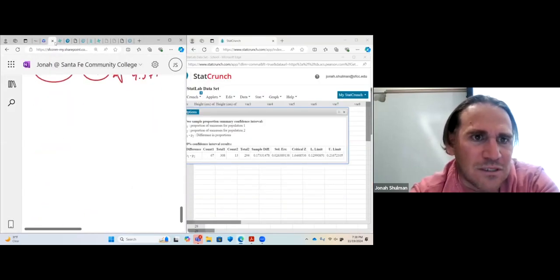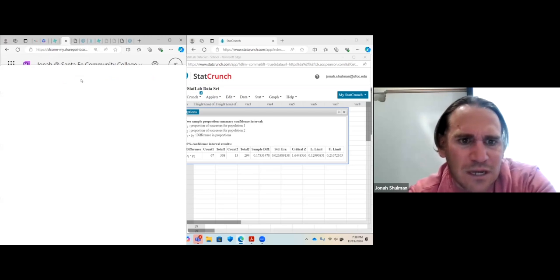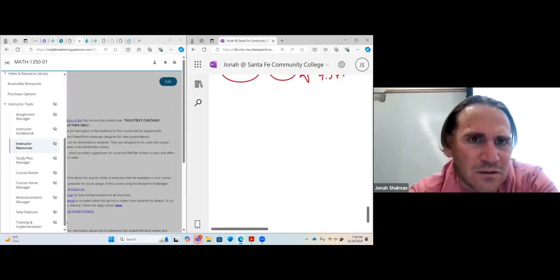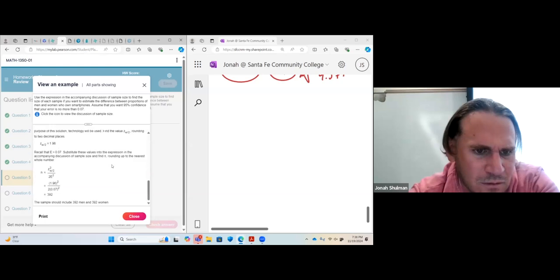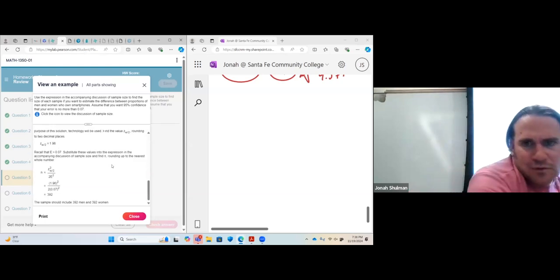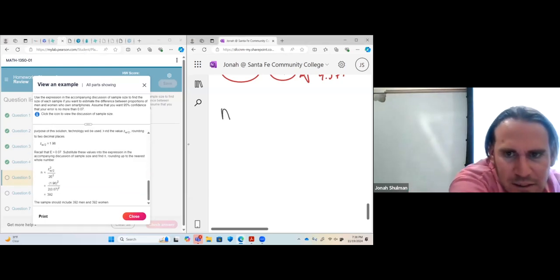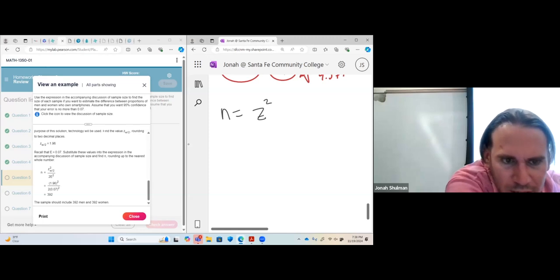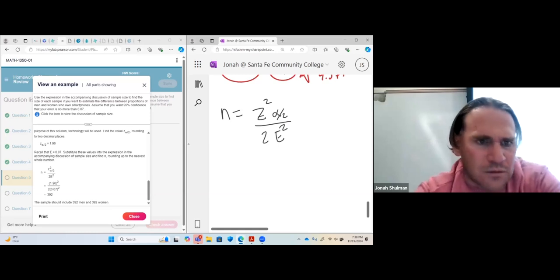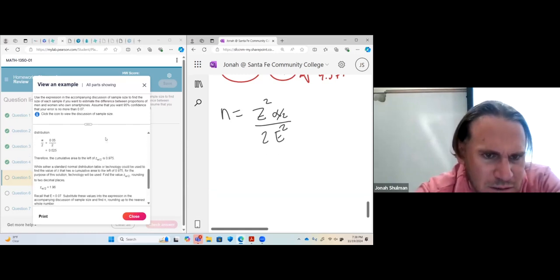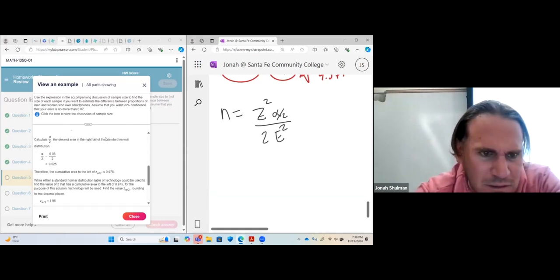So I'm just going to keep it going with the bottom of chapter 9. No big deal. So here we go. So this is the formula. The formula is n equals z squared alpha over 2 divided by 2 error squared. I think that's all I need. Alpha over 2.